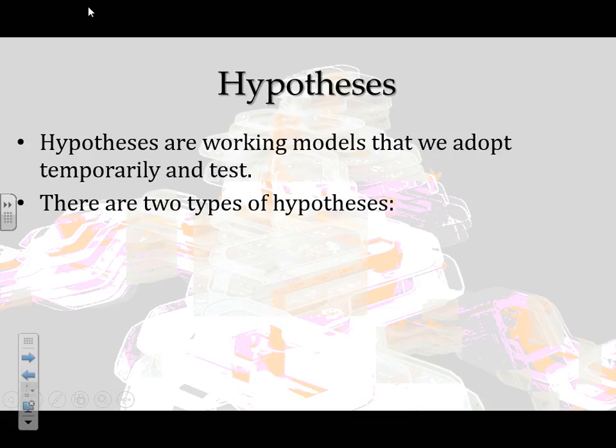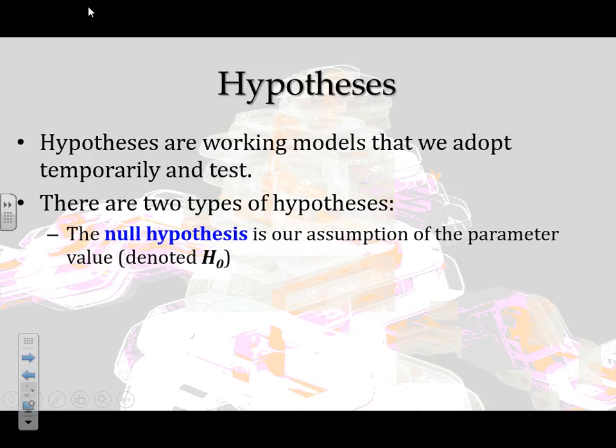The null hypothesis. The null hypothesis, which is a term you definitely need to make sure you understand, is the assumption based on the parameter value. So that's the assumption for the population value.